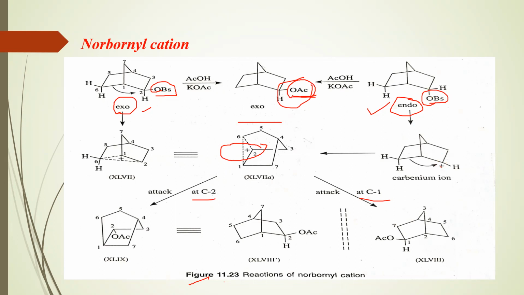Again, the breaking and transfer of this bond stabilizes the carbocation, and the carbocation forms at position number 2. If the bond at position 1 is shifted, the carbocation forms at position 1, and a 1,6 bond is formed. Then again the carbocation forms at carbon number 2.